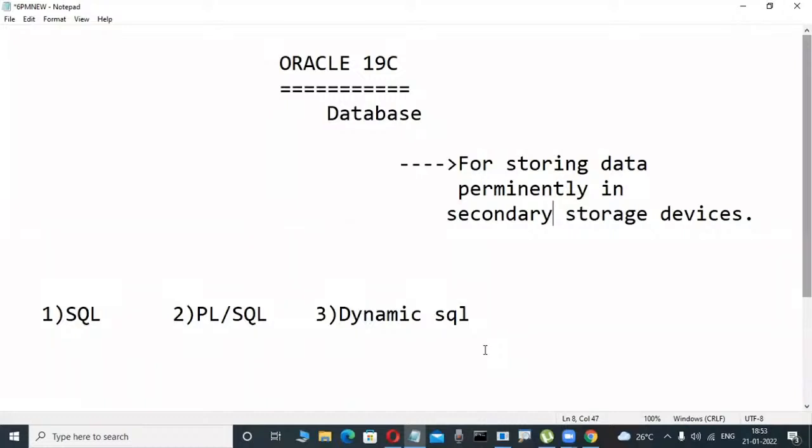Some analytical functions are required: rank, dense rank, lag and lead, some knowledge of these. And PL/SQL stored procedures. Just before 10 a.m., 3 batches are there, because some syllabus is already going on. Developers also need minimum basics. Morning batches are going on, but they are already in the middle of the syllabus.